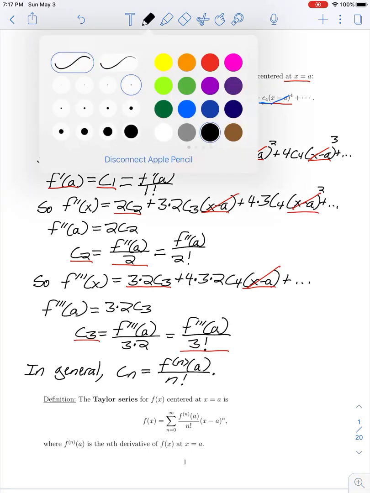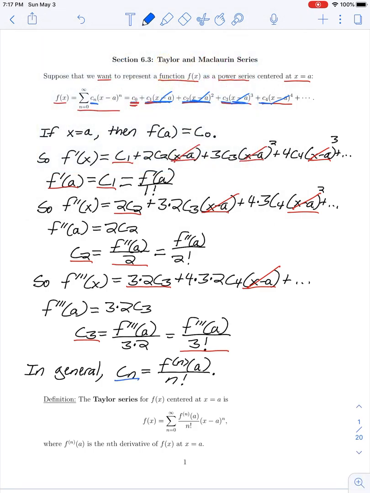So once we found an expression for our c sub n coefficient, we can substitute that back into the general expression that we had for the form of our power series, and we see that the function f of x can be represented as the sum from n equals 0 to infinity of c sub n, which we just said is the nth derivative of f at a, divided by n factorial, times our x minus a to the nth power.